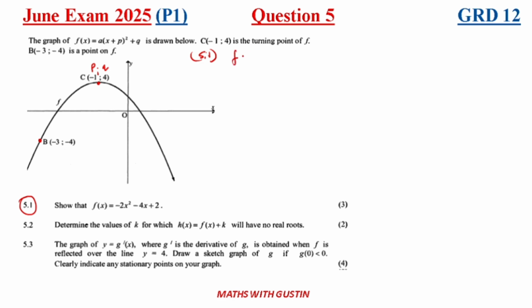Okay, so now we're gonna come here and put a(x plus p) squared plus q. All right, so now we're gonna substitute our turning point, which is p and q. In this case, x is going to be x, therefore p will have to be negative, and then p there is also -1.